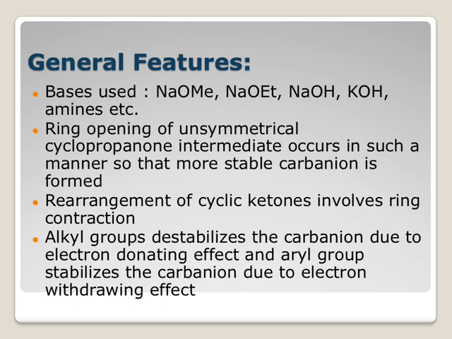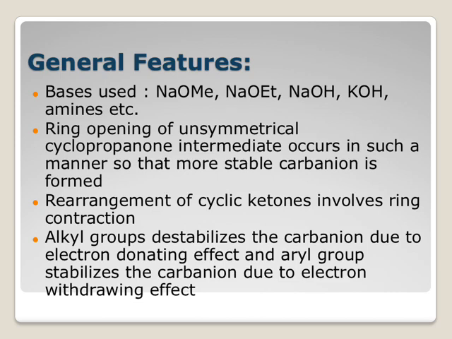Alkyl groups generally destabilize the carbanion because they have an electron donating effect. Carbanions are negatively charged species. They are nucleophilic in nature, and if some group keeps on donating electrons to that negatively charged carbon atom, there will be an increase in electron density and it will become more and more destabilized.